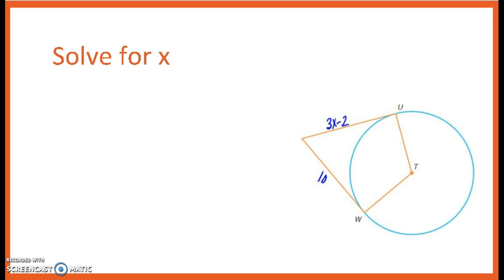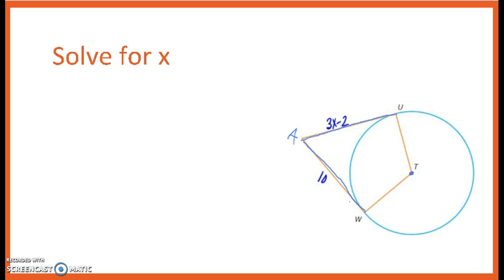So for the rest of the class, we're just going to practice solving these theorems. So here we are given two segments tangent to circle T. The first is this segment here, and I can even name this point. I could say this is A over here. So we have a segment tangent to circle T called UA, and another segment tangent to circle T called AW.